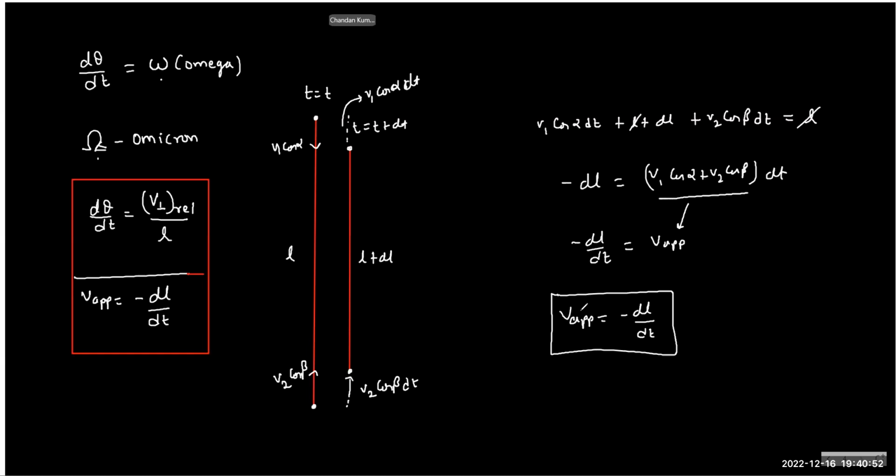Sir, your DL is always positive, no? No, in this case it is negative because it is diminishing. If it is growing, it will be positive. Sir, when the line shrinks, why have you written L plus DL? It should be L minus DL. That's a very good question. In mathematics, this is called the calculus way of writing.